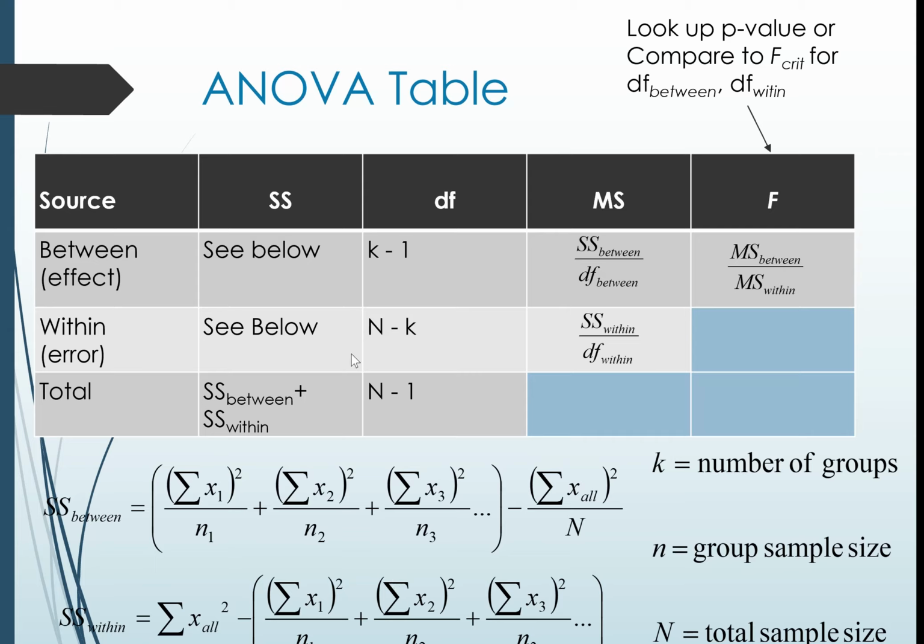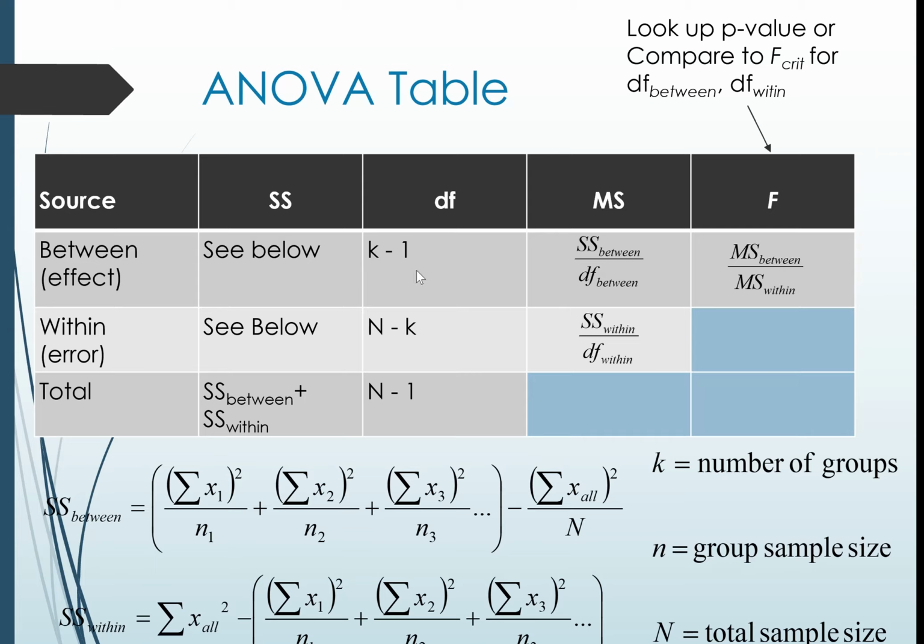Alright, so in this table there's a couple symbols or letters that we need to understand. K is the number of groups, so how many groups are in our study. So in our soda example, the K would be 3. Little n is the group sample size, and big N is the total sample size for the overall study. So once you calculate sum of squares between and sum of squares within, you can calculate what are called the degrees of freedom.